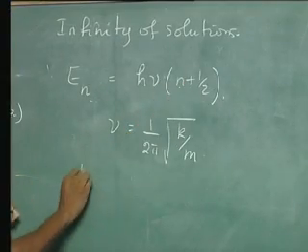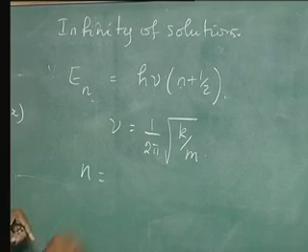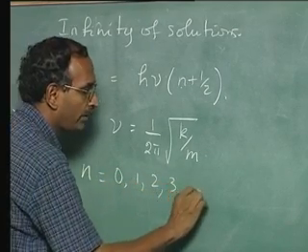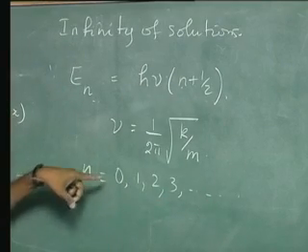What are the values of n? Here, to our surprise, n equal to 0, 1, 2, 3, only integral values, but including 0.